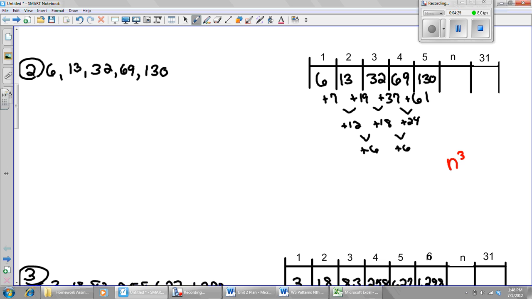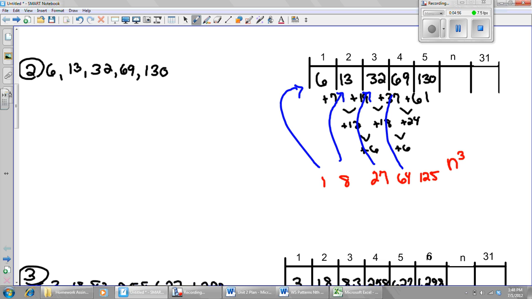Again, I'll work smart, not hard. I'll just cube the numbers: 1, 8, 27, 64, and 125. It looks like each time I'm adding 5 to turn the red ones into the black ones. So my formula is n³ + 5.